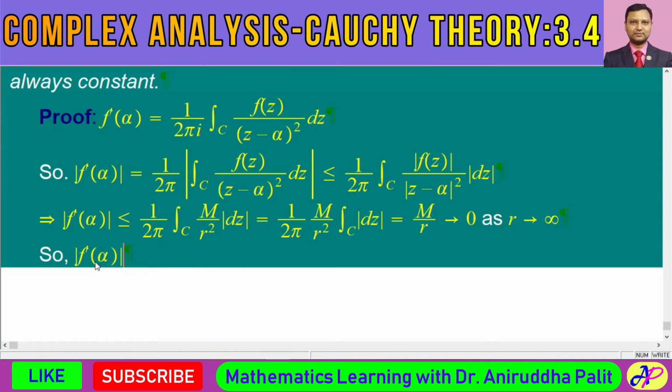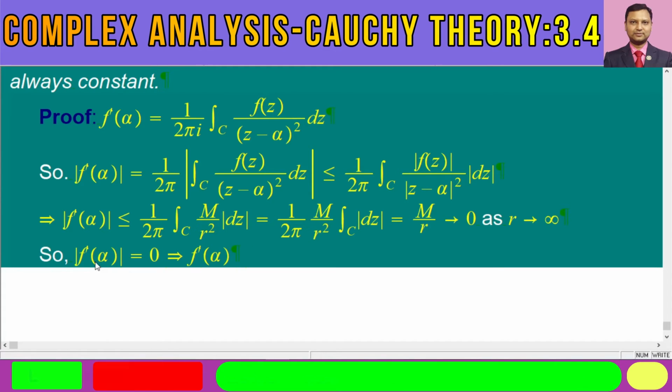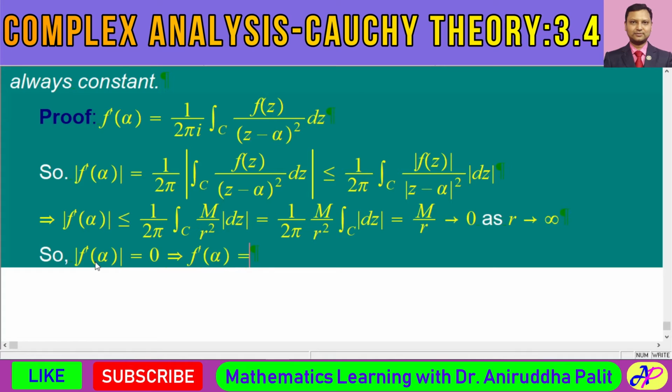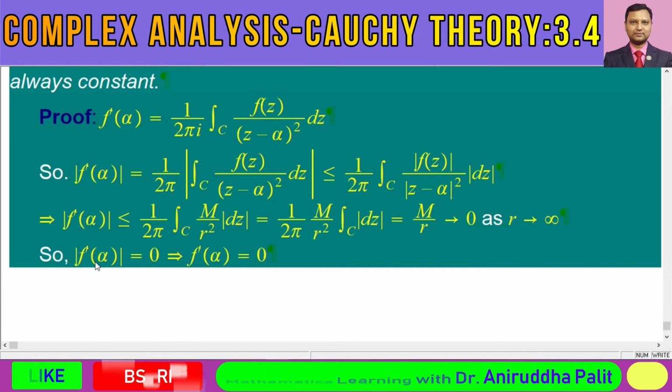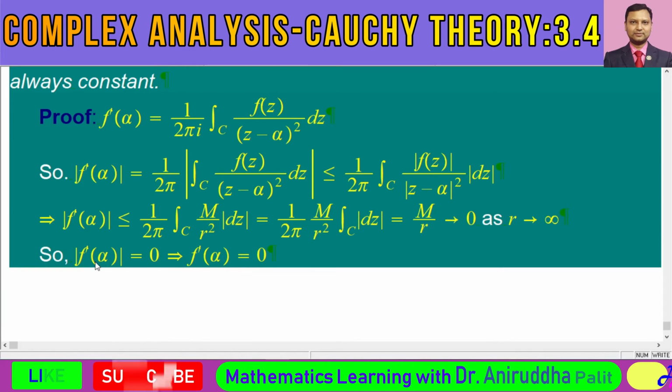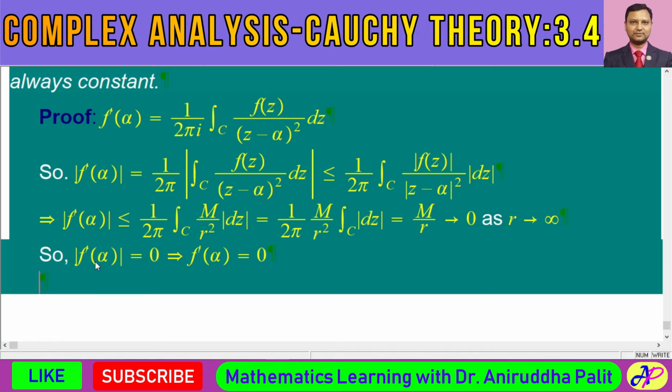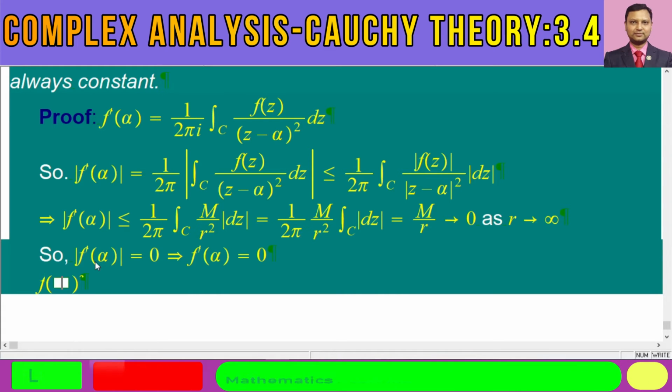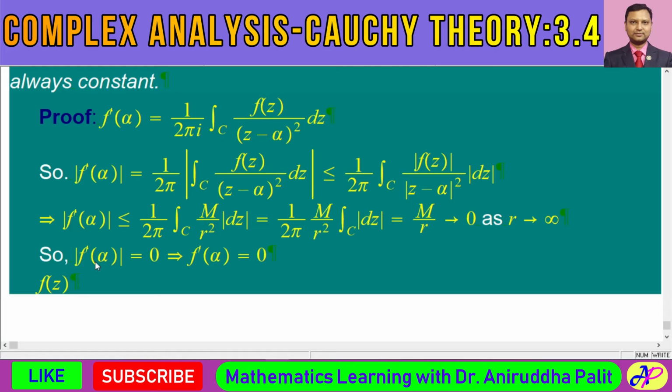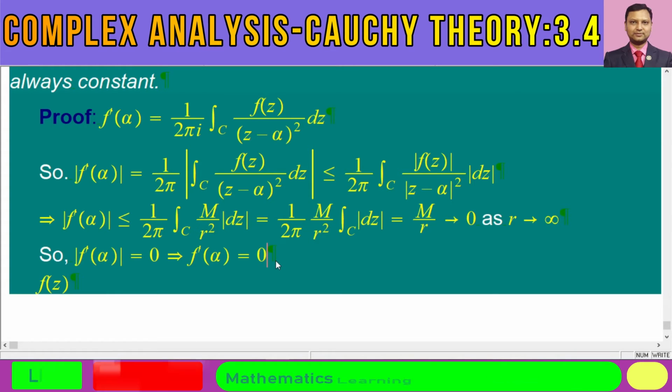So we have this expression, f dash alpha is equal to 0, or in other words, modulus of f dash alpha is equal to 0. And modulus of f dash alpha is equal to 0 means, alpha was taken to be any arbitrary point on the complex plane, on the finite complex plane.